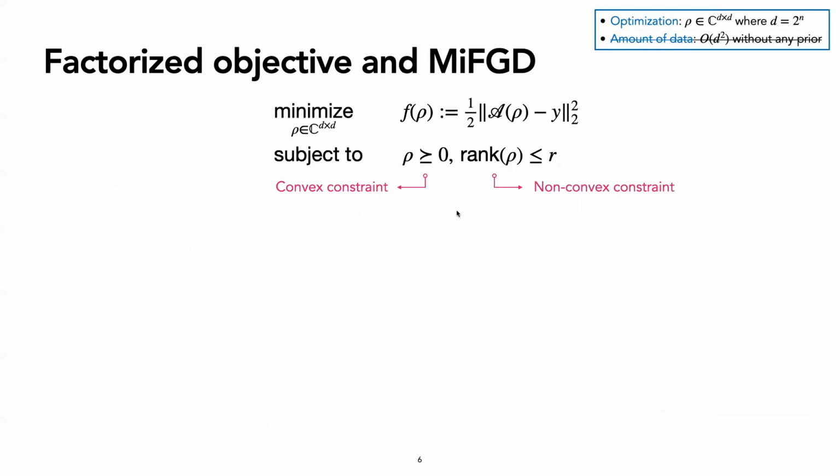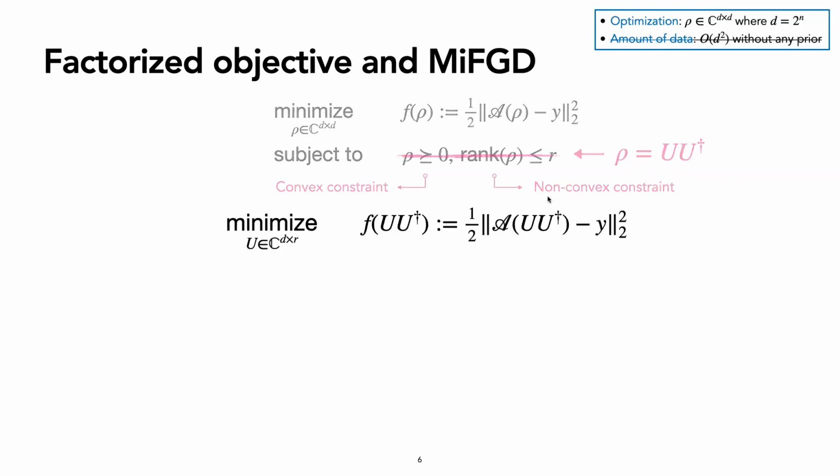To project onto these subspaces, you need to perform singular value decomposition on rho on every iteration, which is prohibitively expensive when d is large, and d is almost always large for quantum state tomography. So instead, we propose to reparameterize rho as UU transpose, in which case we can rewrite this objective function as an unconstrained optimization problem.